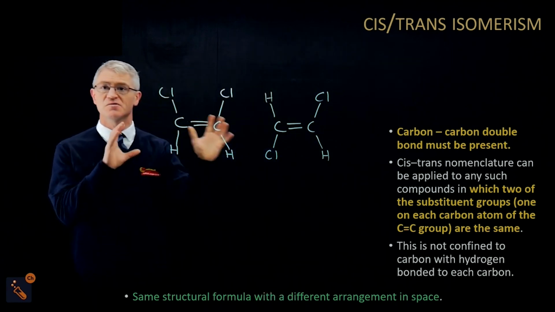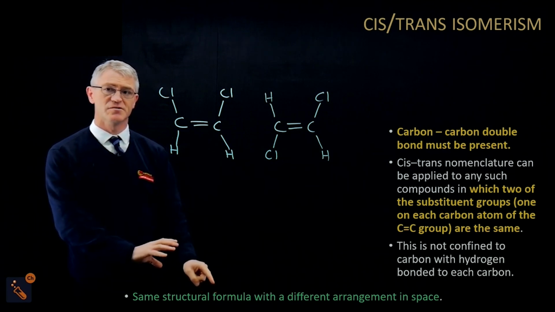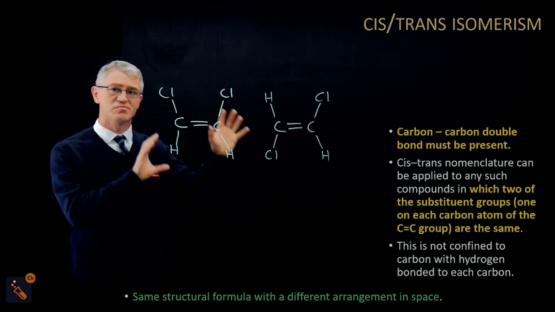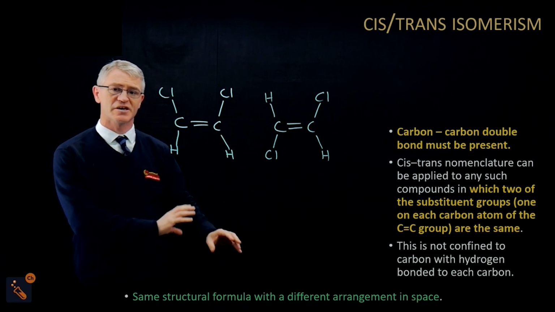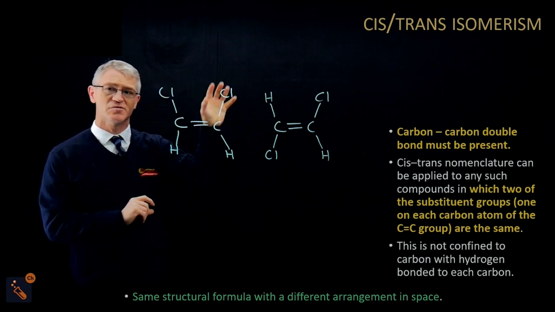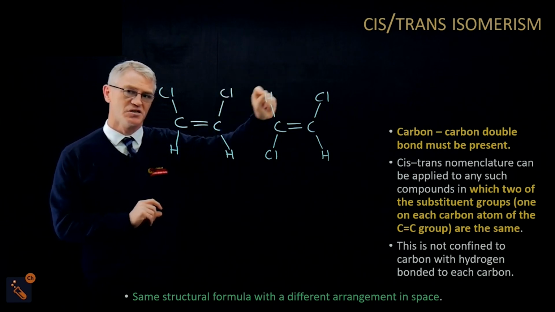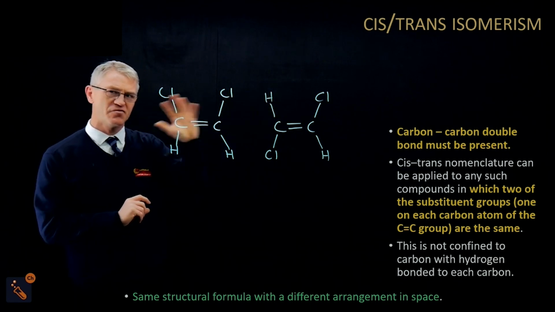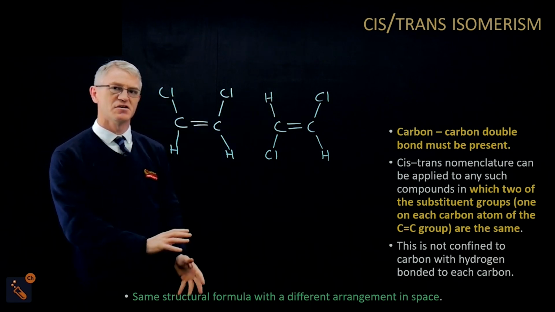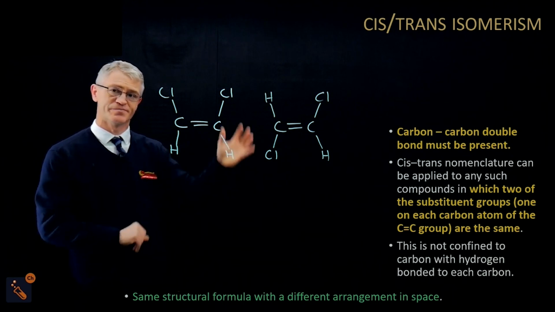So we've got 2 molecules right here, and they are the same structural formula because they're made of the same building blocks, but they have a different arrangement in space. So that arrangement in space is a chlorine up here, a hydrogen up here, and a chlorine up here. So it's different arrangements, and it fits our definition for stereoisomers.